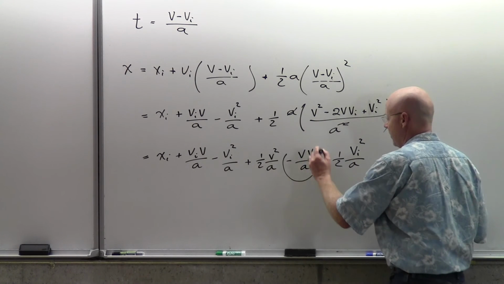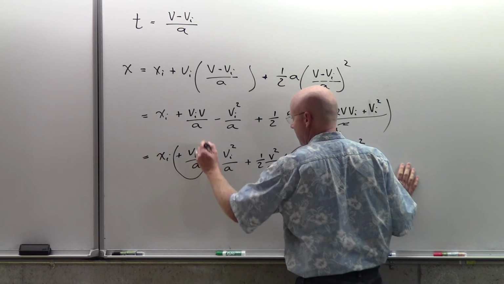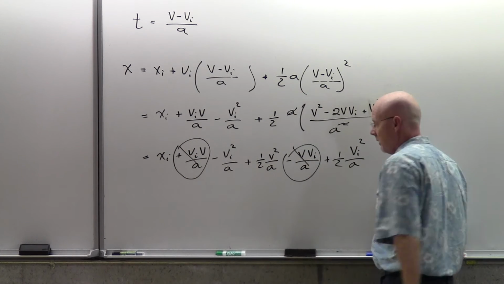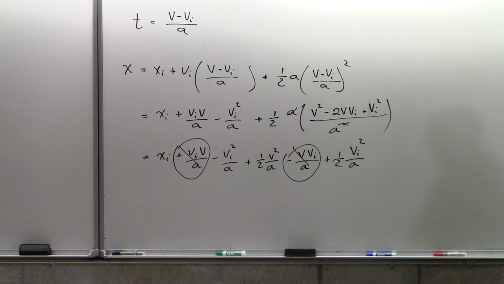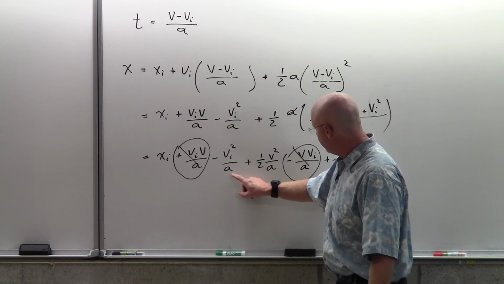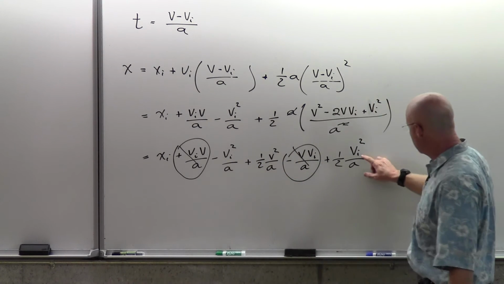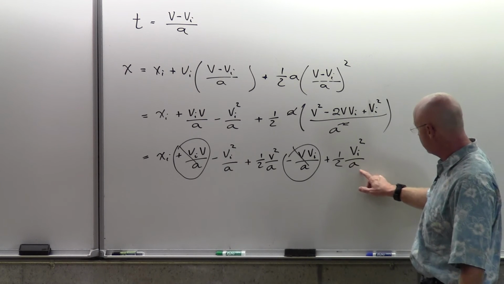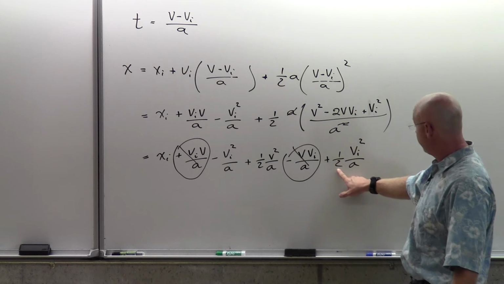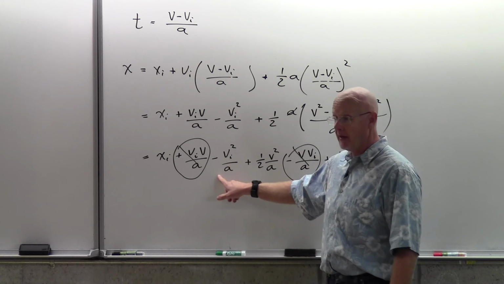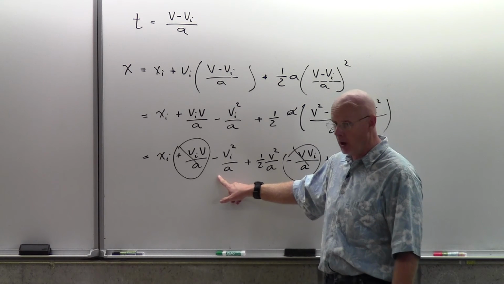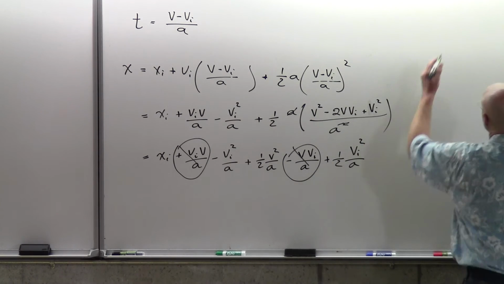And this is what I was saying, after a little bit of algebra here, we can begin to see that there are some like terms. In that case, they cancel off. One's a plus and one's a minus. You can even see this a little bit. That initial speed squared and this initial speed squared, these are like terms, although this has a coefficient in front of 1/2 and that has a -1 in front.